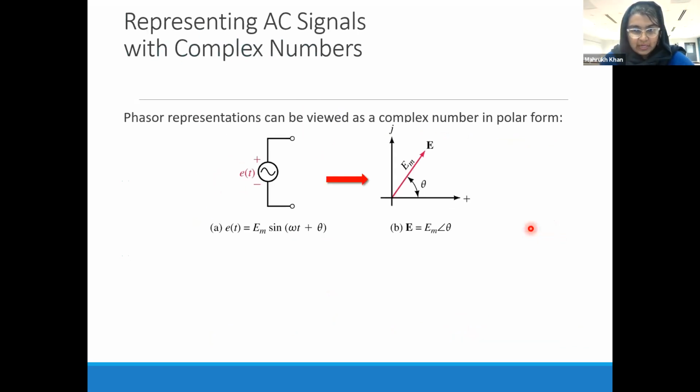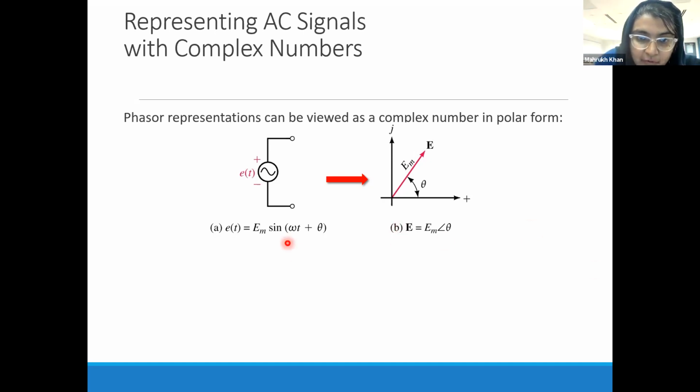So we are saying here sine omega t plus theta, right? Sine omega t is our signal and plus theta is the phase. So plus theta represents the phase here, okay?